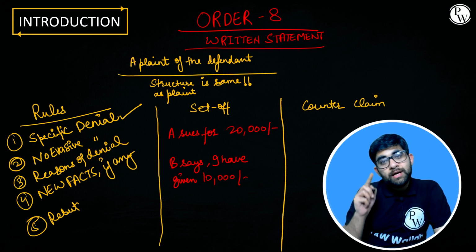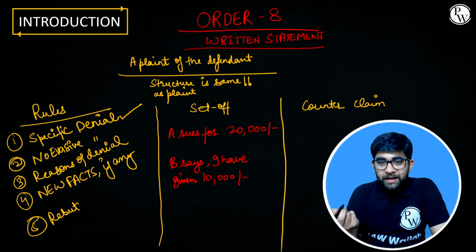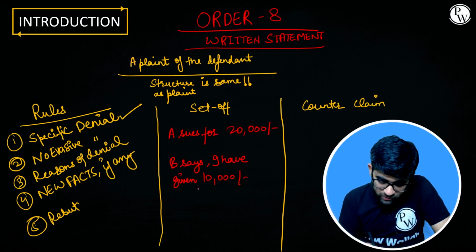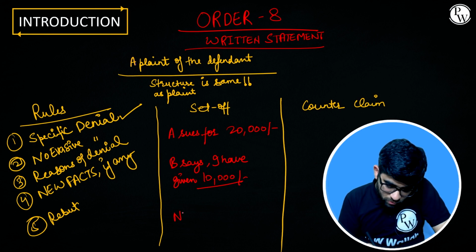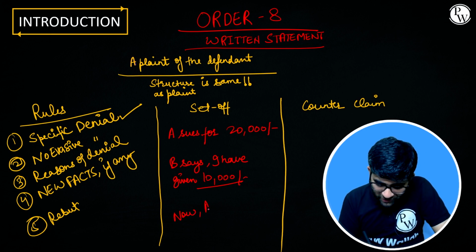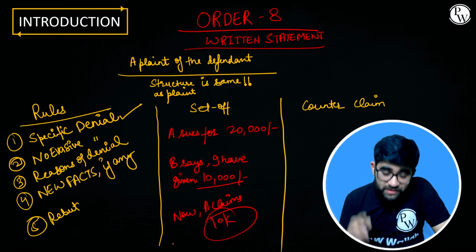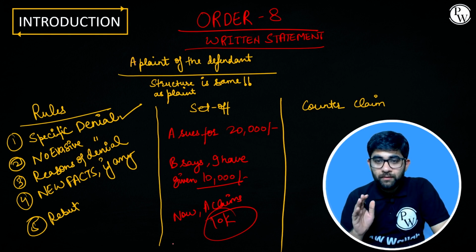So the plaintiff can agree to this and say that I am setting off my right of claiming 10,000. Now A claims 10,000. So this is set off, in very simple words.